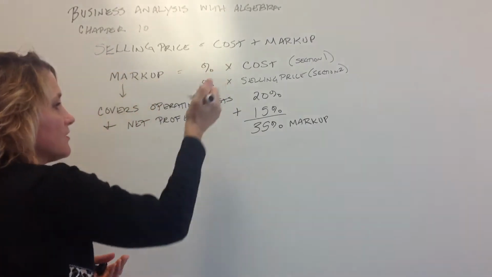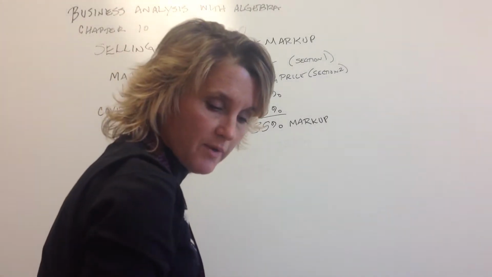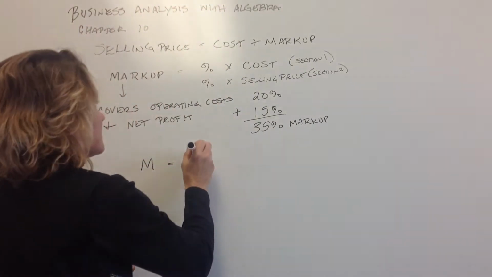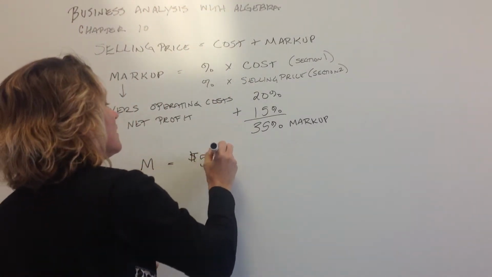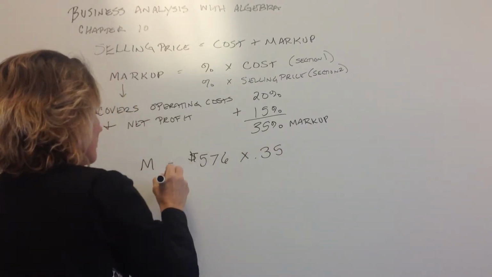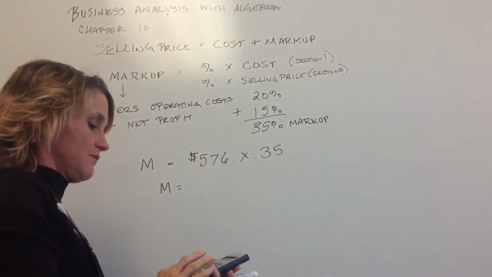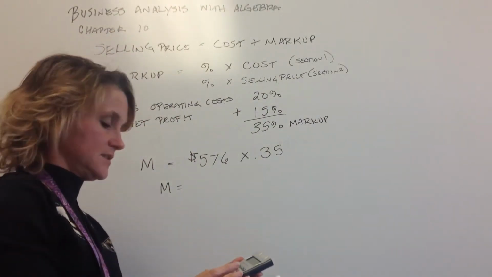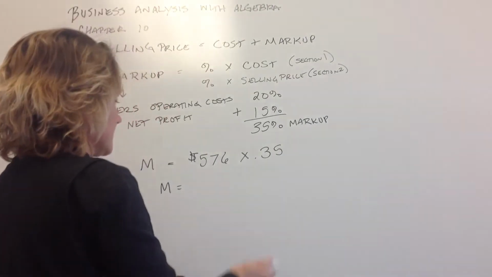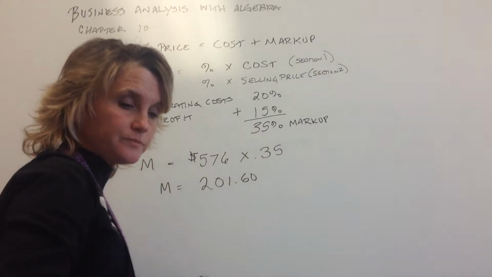Then you can go back to your formula though to say, okay, my markup is going to be equal to my cost, which it told us was $576 times our 35%. So then you just do the math of that. $576 cost times 0.35 or 35% gives us a markup of $201.60.